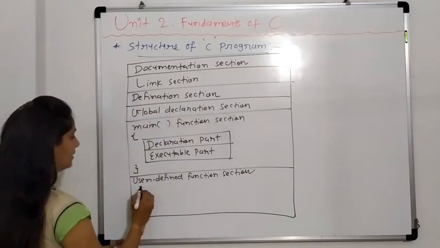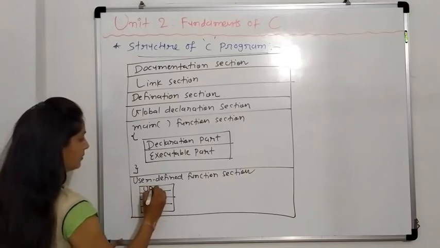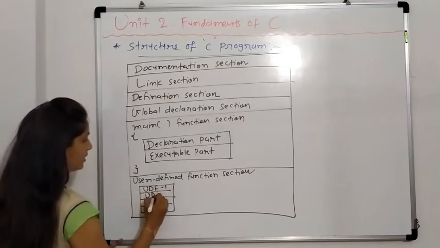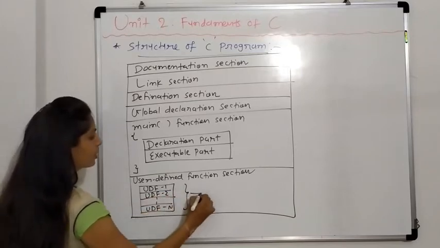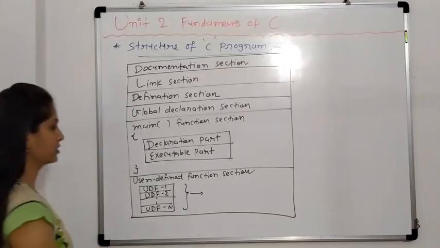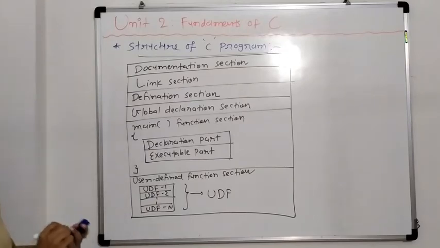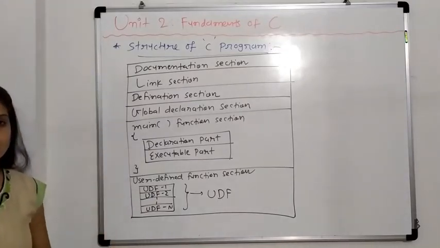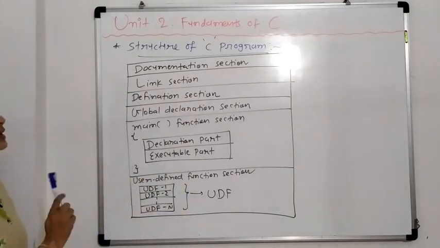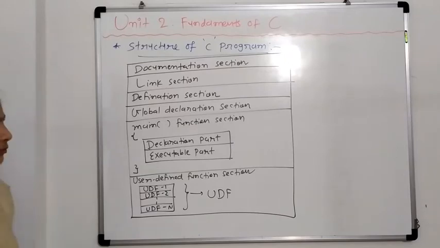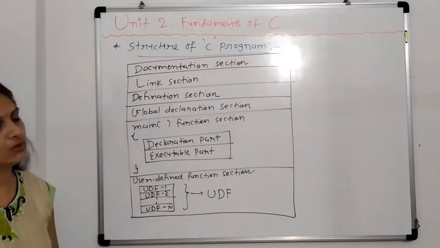Here we can create a number of user defined functions: UDF1, UDF2 up to UDFn. This is what? User defined functions. That is our chapter. Clear? So this is the structure of C program. We have to follow this compulsorily. That's why it is known as a structured programming language. Now let us start one by one: in which section do we have to write what?